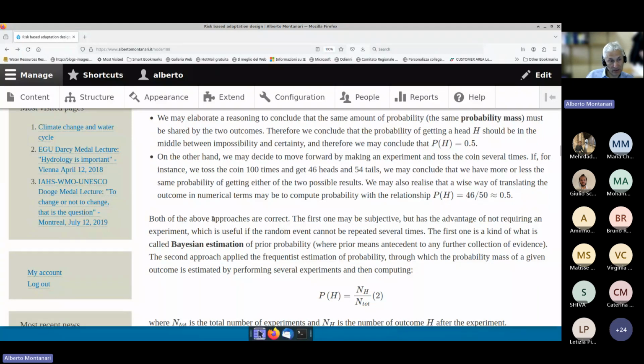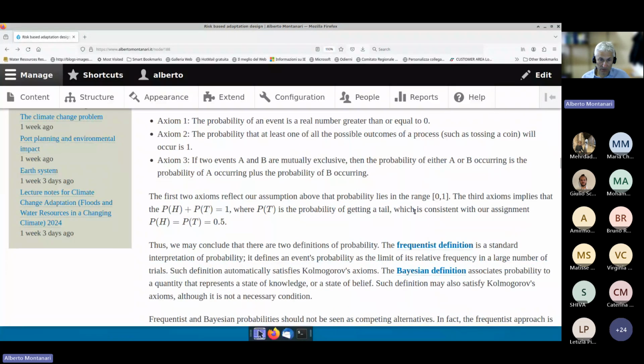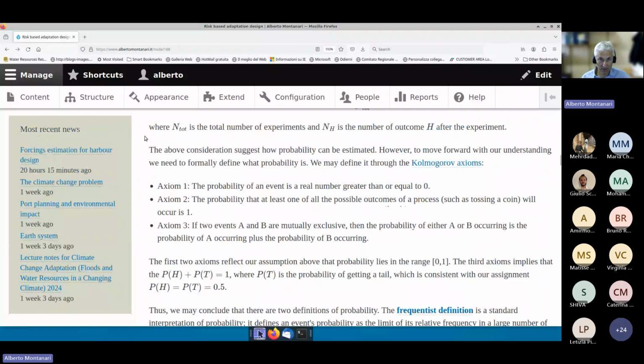They wondered how probability can be defined, and they provided different definitions. The definition that is accepted today was proposed by Kolmogorov, a famous Russian statistician, and it is based on Kolmogorov axioms. So please learn them, because this is what we accept as the definition of probability.